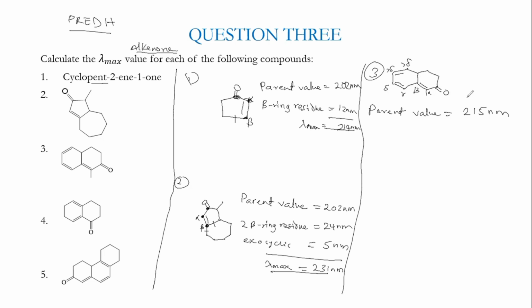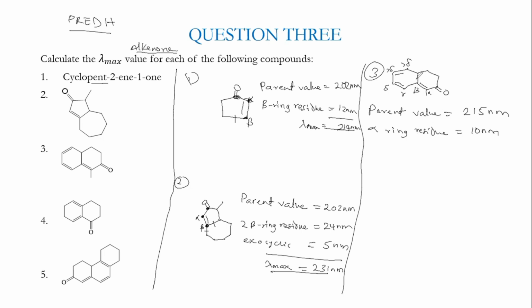Now, do we have any ring residue at the alpha position? Of course, we have this at the alpha position. So the alpha ring residue is going to give an addition of 10 nanometers. Now, do we have any at the beta? Of course, this is the beta.